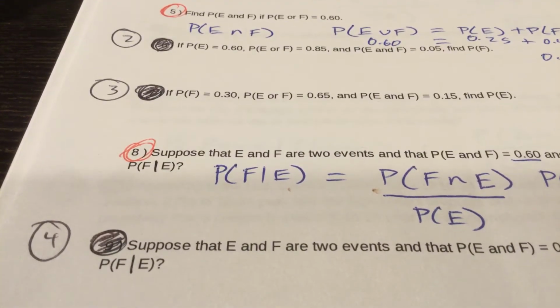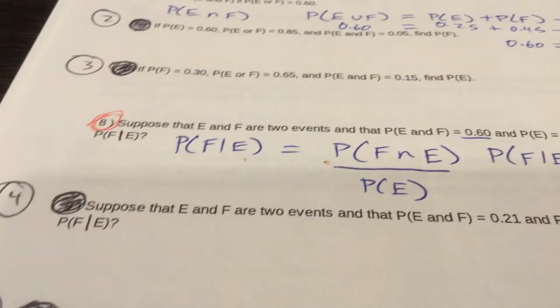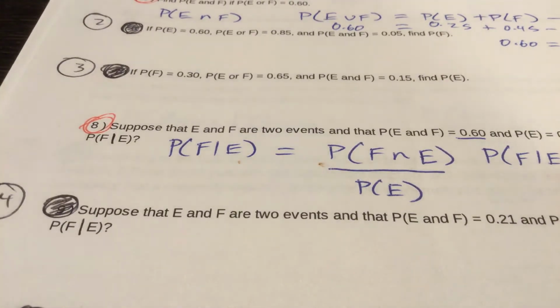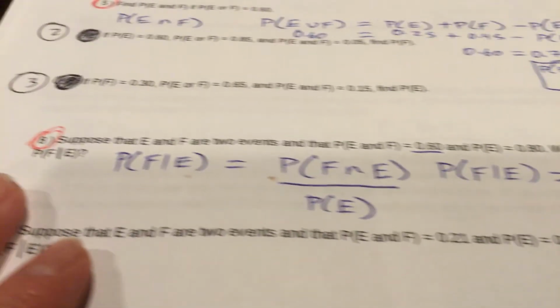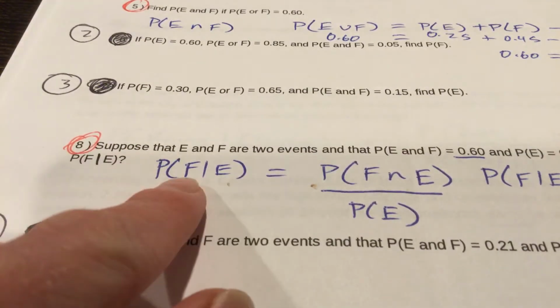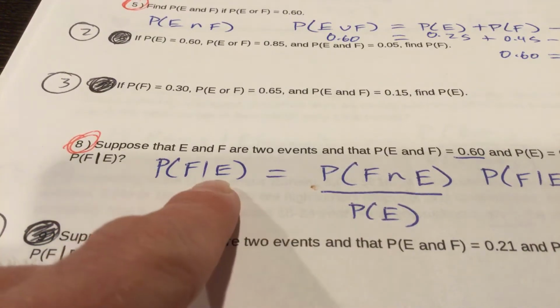Number 8. Suppose that E and F are 2 events, and the probability of their intersection is that, and the probability of E is that. What is the probability of F given E? So, the official way we would write that is the probability of F given E is, first off, the denominator, E has to occur.